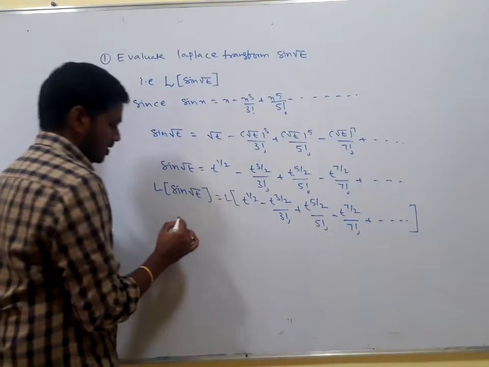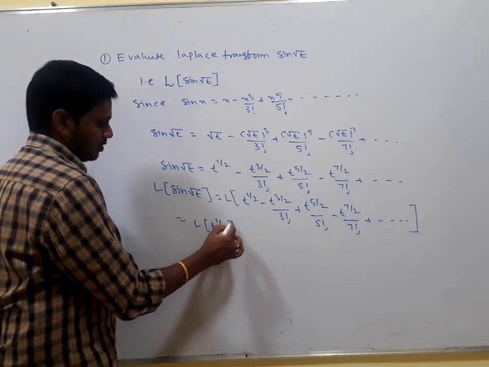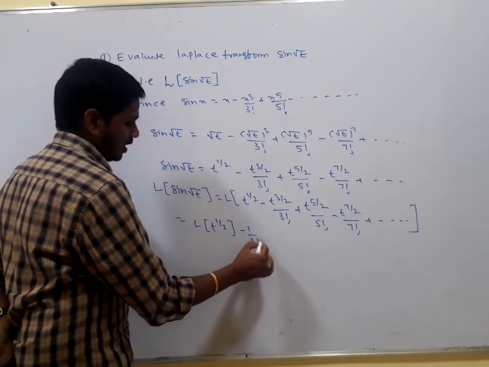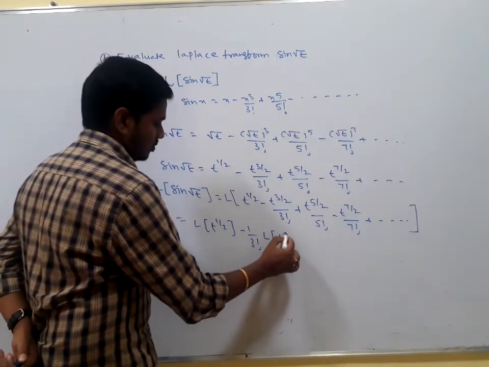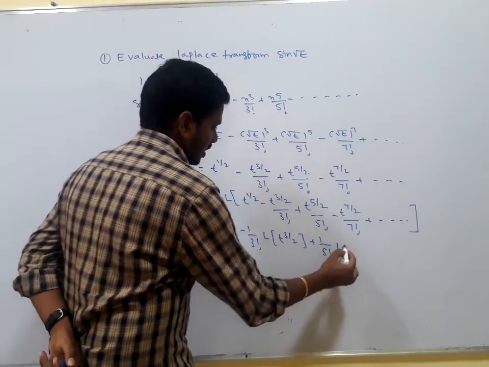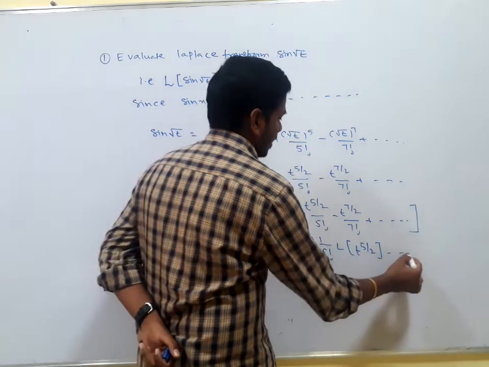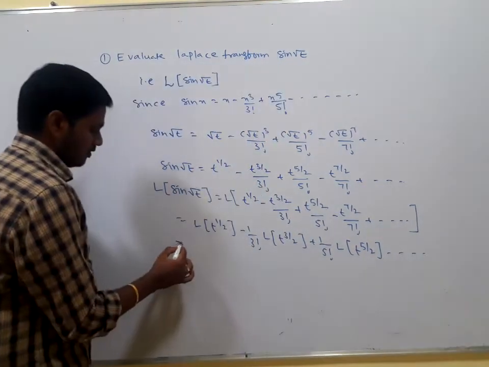By using the linear property, we separate it: Laplace transform of t to the power of 1 by 2, minus 1 by 3 factorial, Laplace transform of t to the power of 3 by 2, plus 1 by 5 factorial, Laplace transform of t to the power of 5 by 2, and so on.